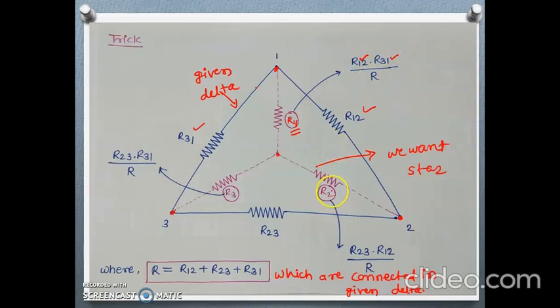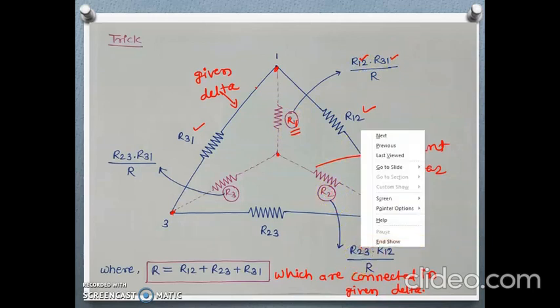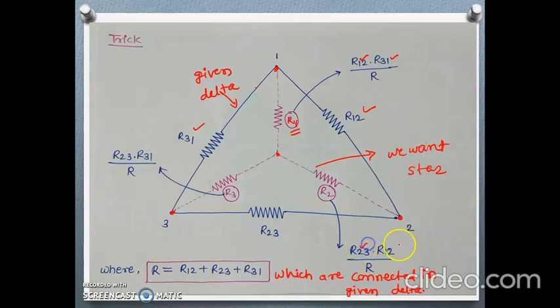For R2, the suffix 2 is there, so this will be the product. Now, when we want R3, this has suffix 3 and this has suffix 3. So the product of the two which have the same suffix, divided by the sum of all. In this way we can calculate and remember.